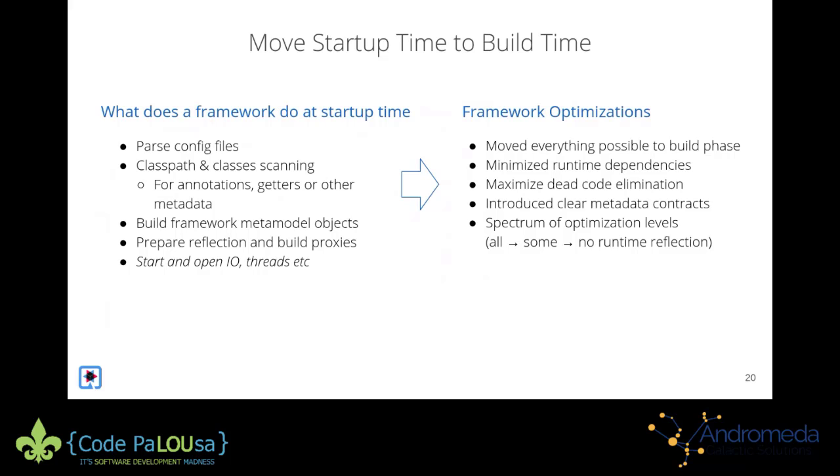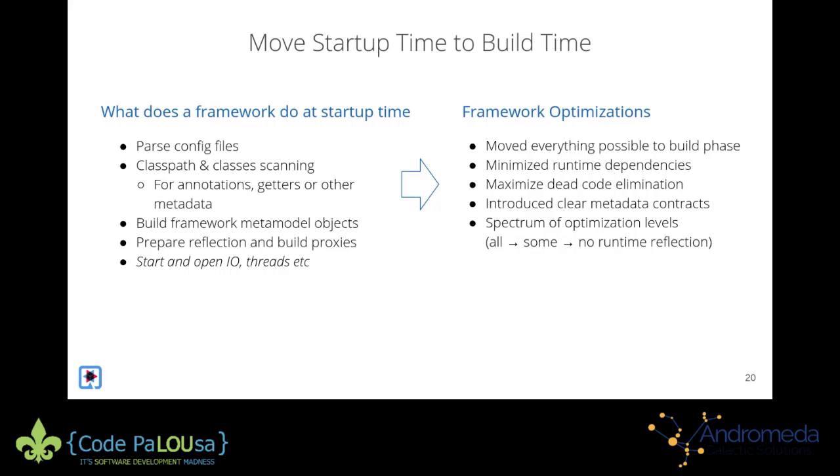What we've done with Quarkus, well, I should say the community has done with Quarkus, is move a lot of what you would normally do or perform optimization-wise after the build into the build process itself. So typically what a framework does at startup time is what you see here on the left-hand side of the screen, right?